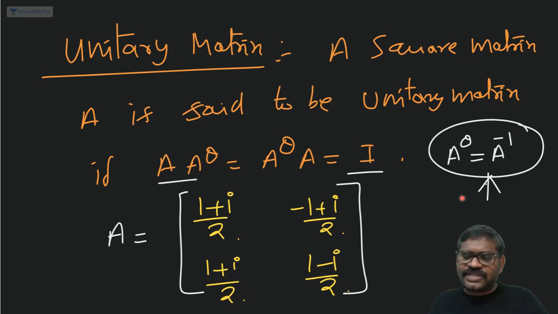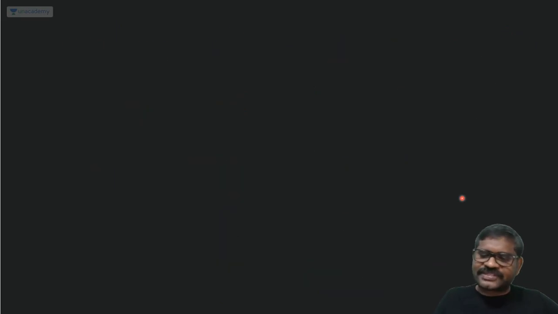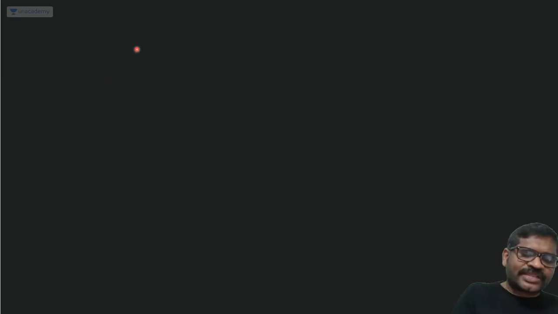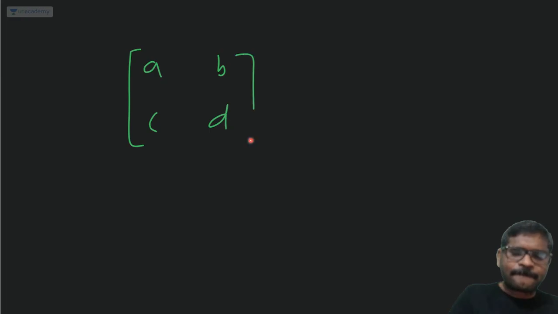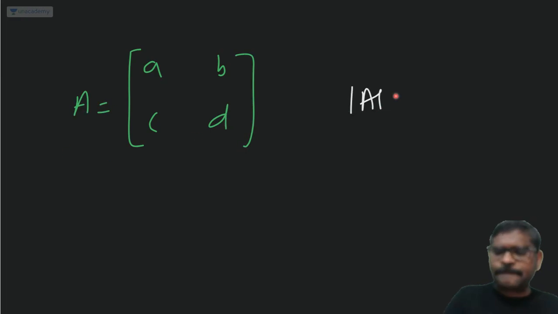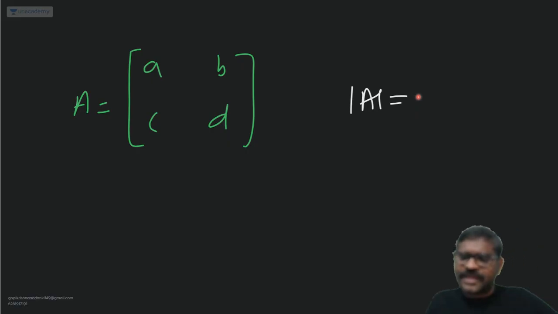Now, what is determinant? What is the determinant value of a matrix? Just introduction. Generally, for a 2x2 matrix A, B, C, D, what is det A?